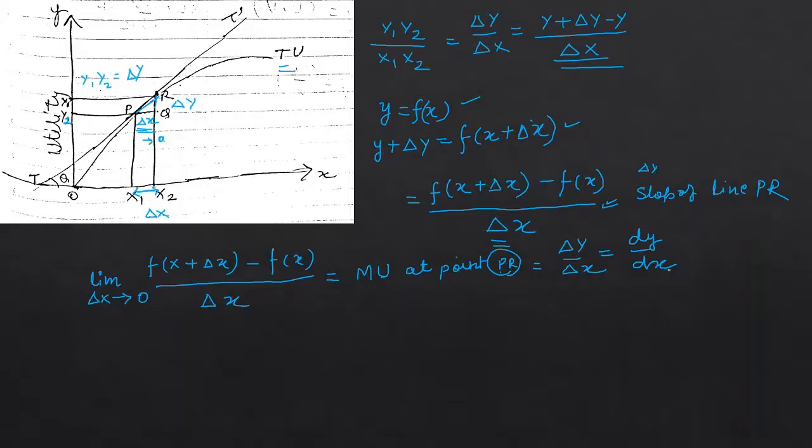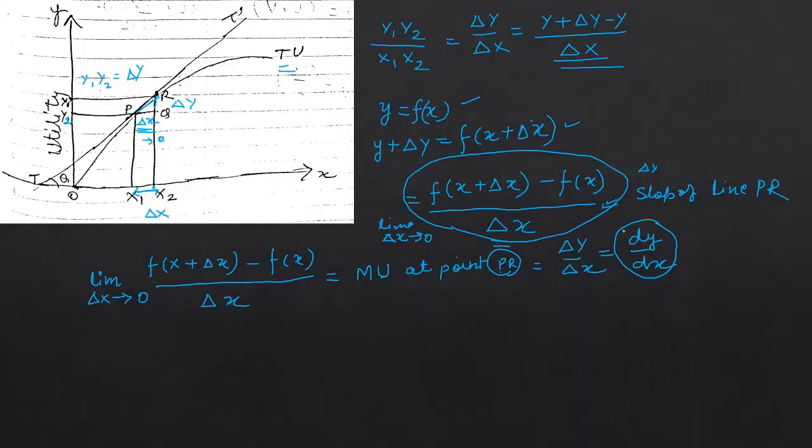It is a notation only, and this notation means this division, where the limit of this division is taken as delta x tends to 0.